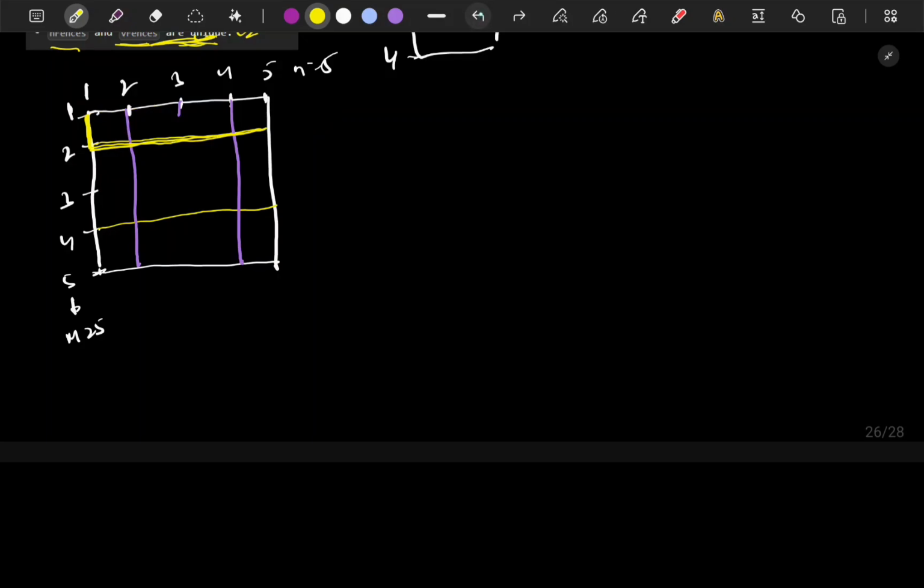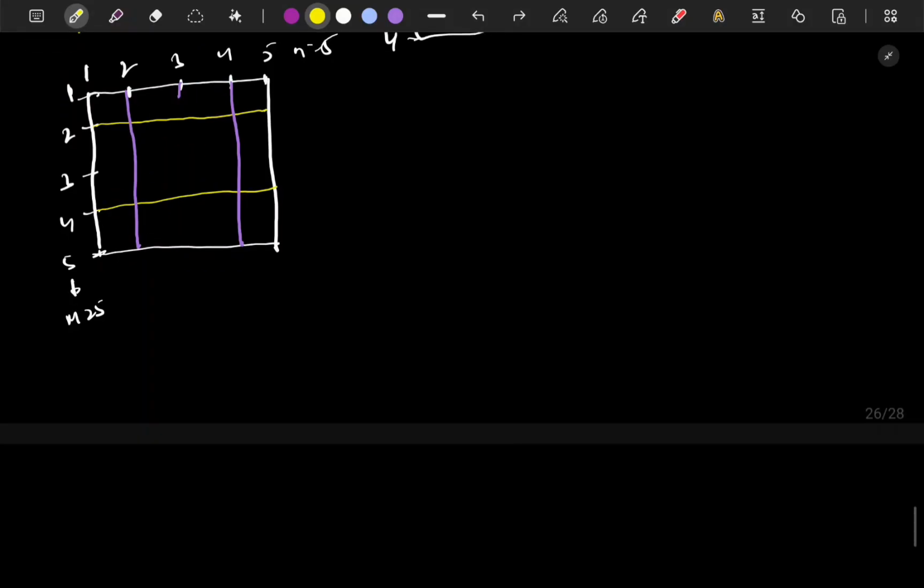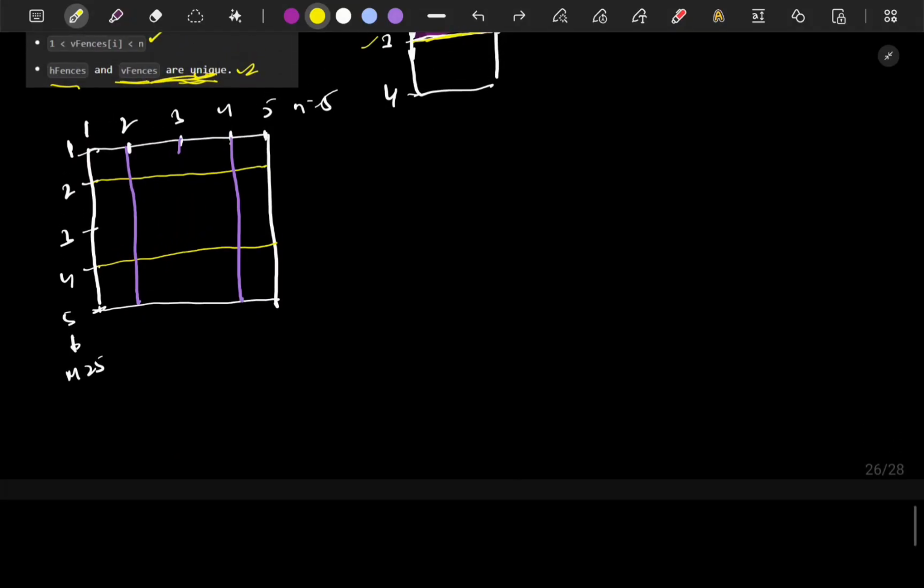Now let's first find what possible sides we can get from horizontal fencing. Let's say this is one horizontal fencing, and this is one horizontal fencing. What side does this give?